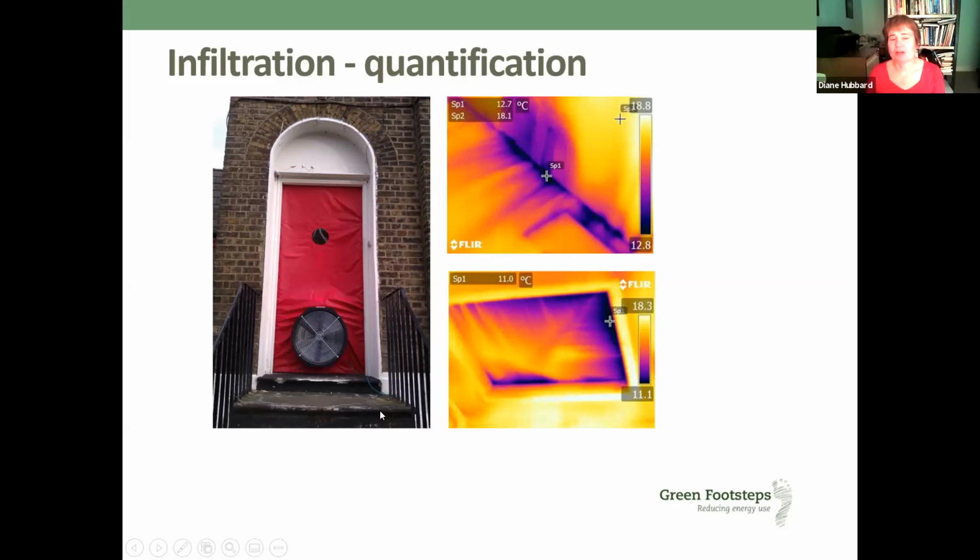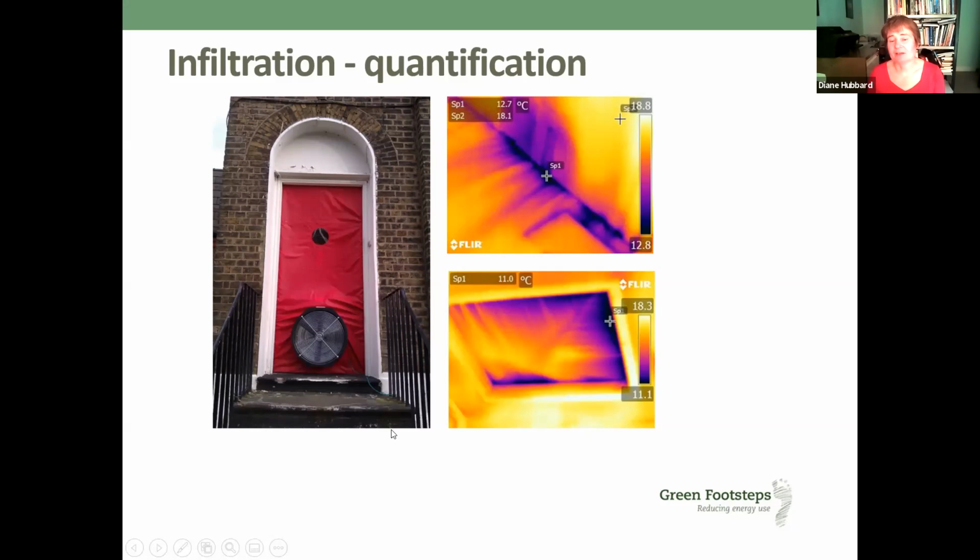We get a couple of things from doing that. One is a measure of what the building itself is like. It also enables us to look at other aspects, the detail of where the infiltration is.